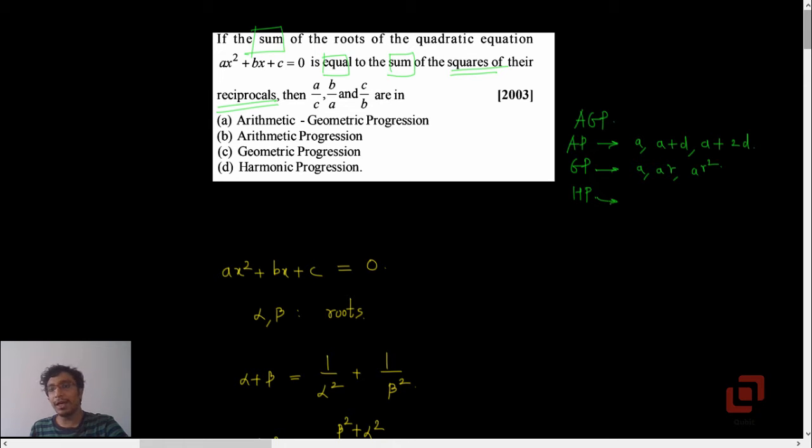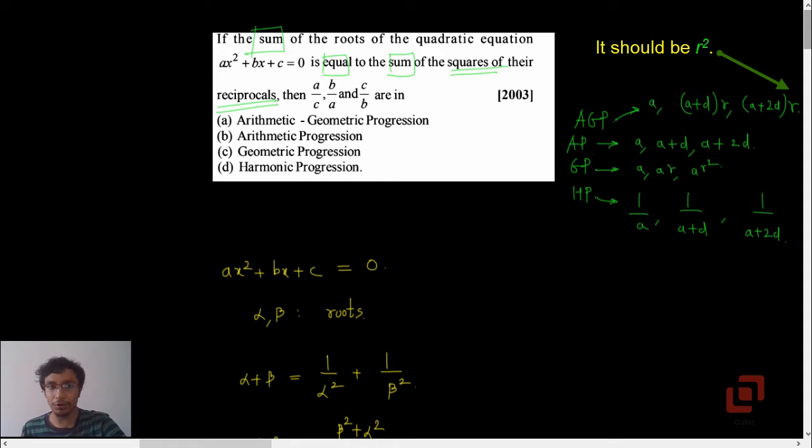And if we have a, a plus d, a plus 2d in arithmetic progression, then the reciprocals are in the harmonic progression. So this is the basic from sequences and series.